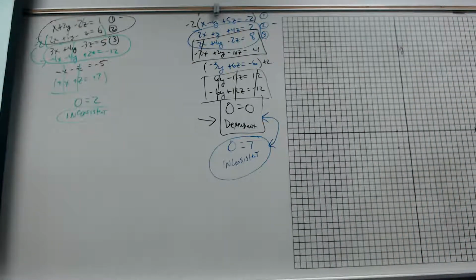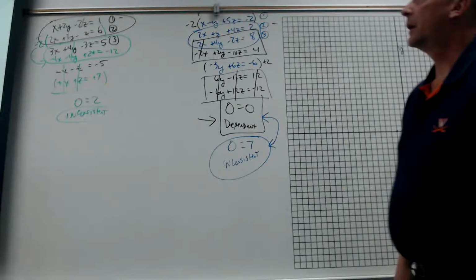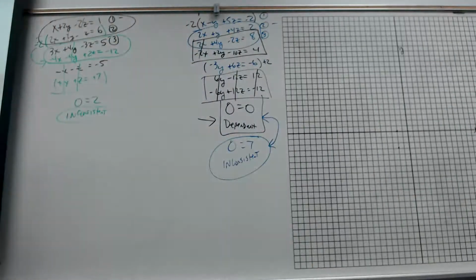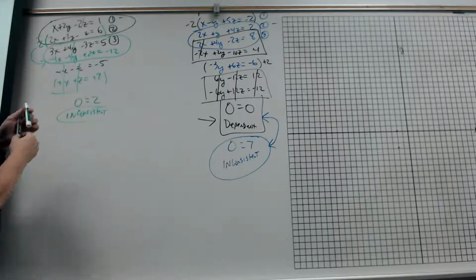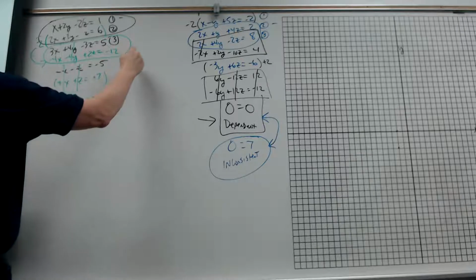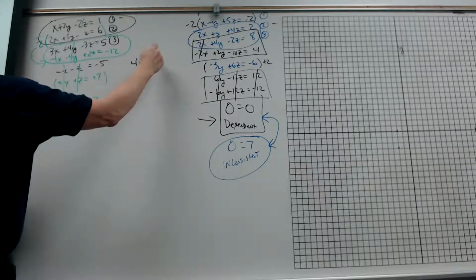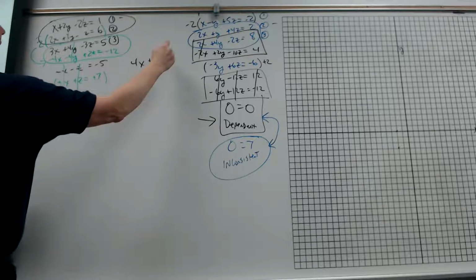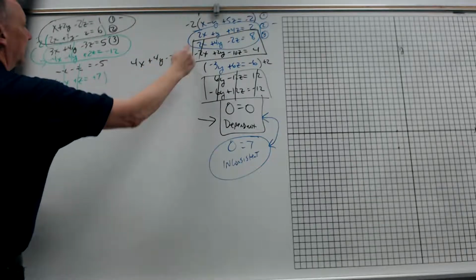Question? For the last part of the problem, when we multiplied equation 2 and 3, you used the negative 2. What would happen if you used a positive 2? All your signs would be messed up. Why's that? So you wanted to multiply this by a positive 2? If you did that, you get 4x plus 4y minus 2z equals 12, right?